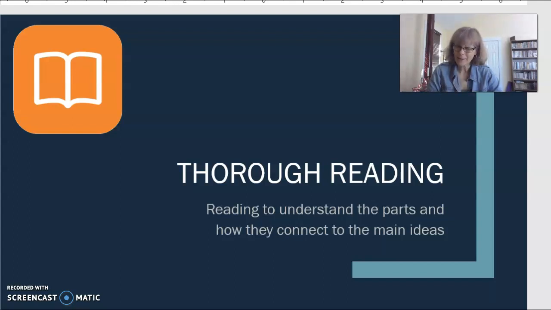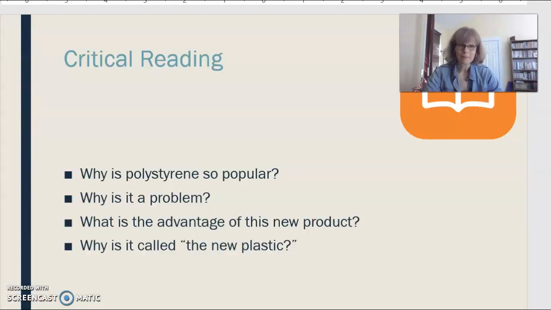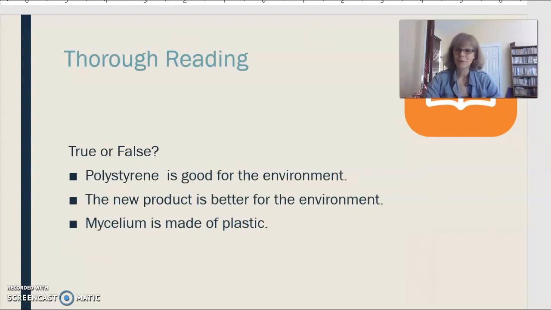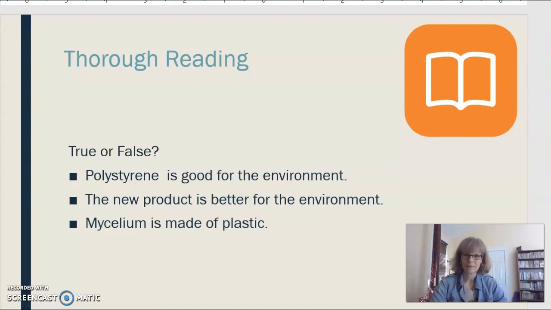You might want to pause and see if you can understand what this article is about. I'm going to give you a few questions, not those, these. I'm going to give you these questions, true or false, to answer as you read. So let's keep going. Go ahead and pause if you're still reading.